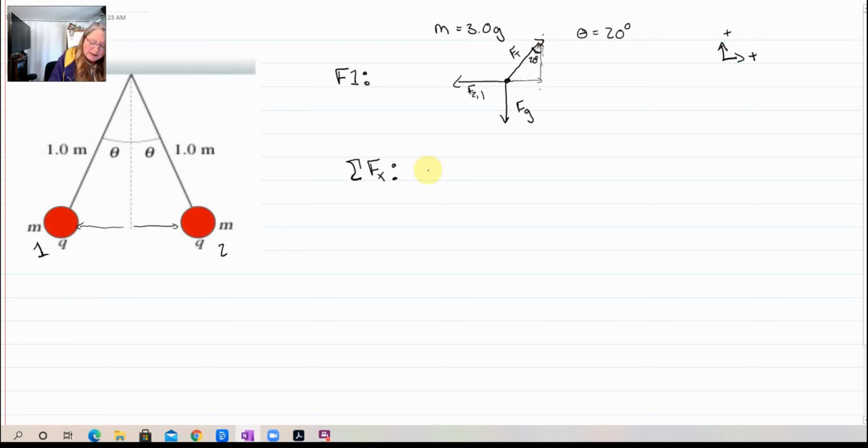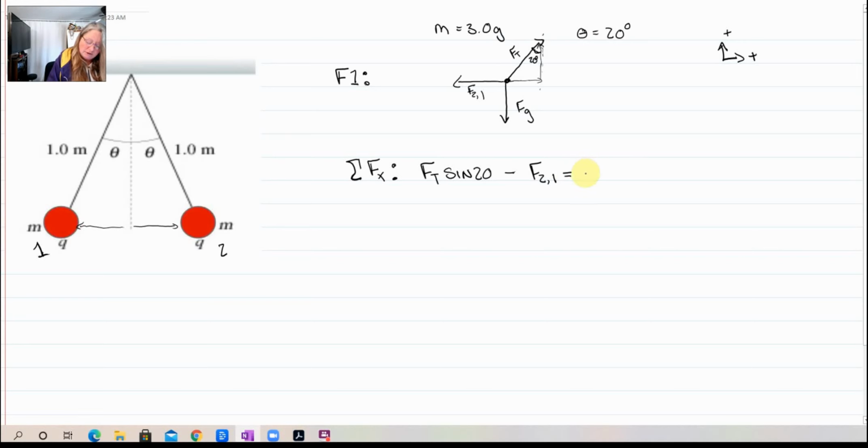So sine of 20 will give me the force of tension in the x direction. So force of tension sine 20, and that's positive, minus the force of 2 on 1. That is all in the x direction, so I don't need any trig functions with that.